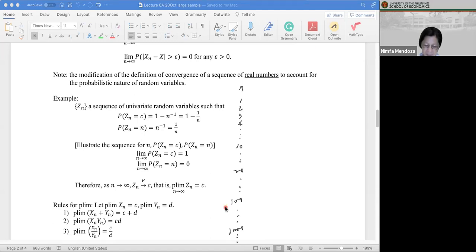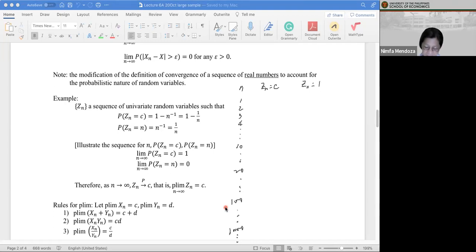Either C sub n is equal to C, where C is a constant, or C sub n is equal to n.